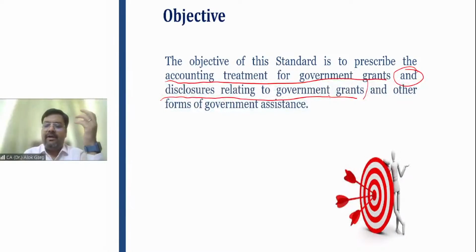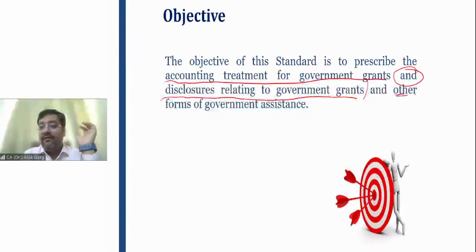And for example, if the PPE has been pledged, you are disclosing that part also. So it means recognition, measurement, presentation, disclosure. These four aspects are very, very important from any accounting perspective, right? So this standard talks about accounting treatment as well as disclosure of government grants, right?